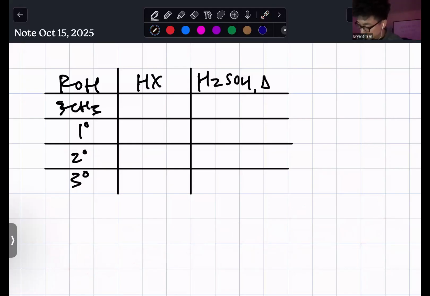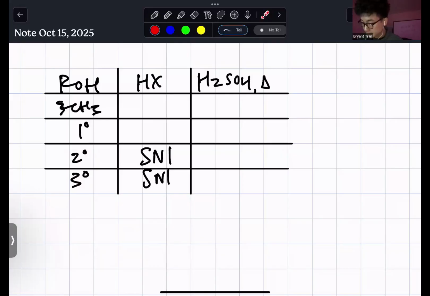Right. So if you have an HX with a secondary or tertiary alcohol, you're going to do an SN1 reaction. But if you have a primary alcohol, you're going to do an SN2 reaction. Specifically, an unhindered primary one. I don't think Helix went over hindered carbocation with a concerted hydride shift, so we won't go over that.